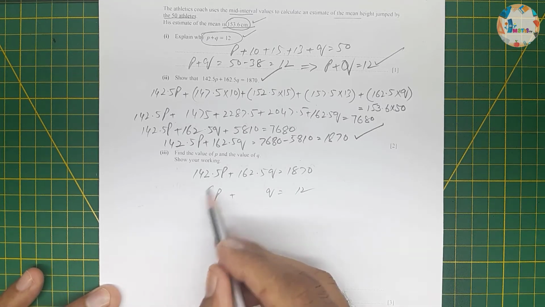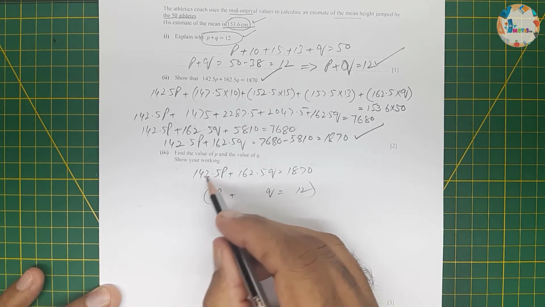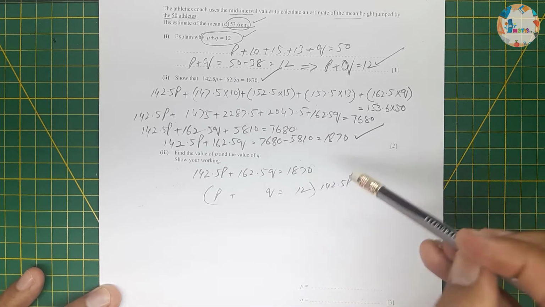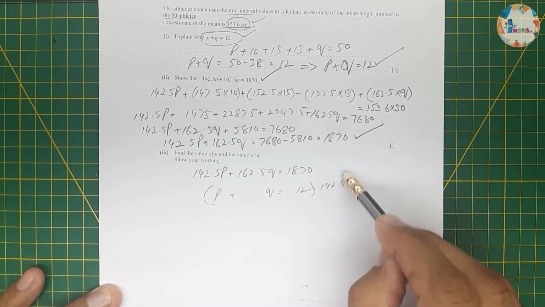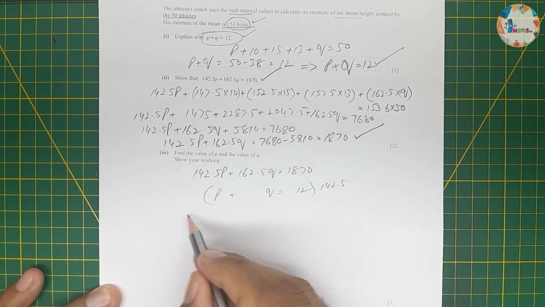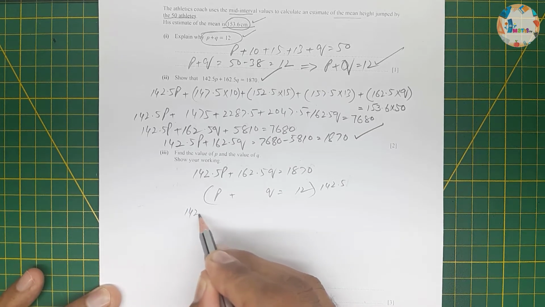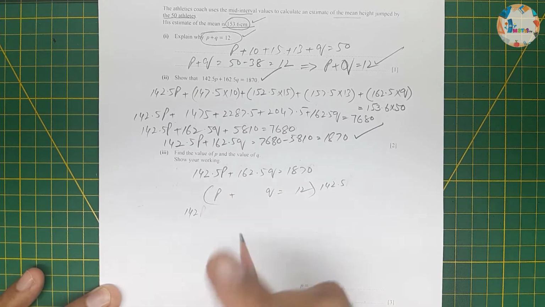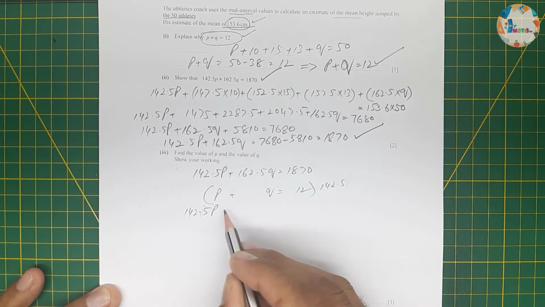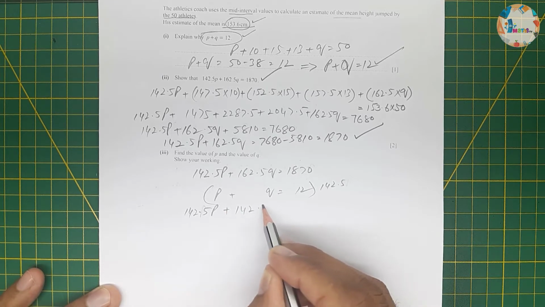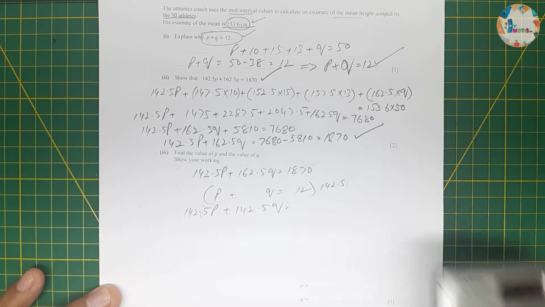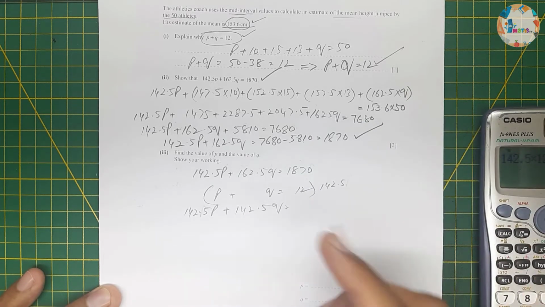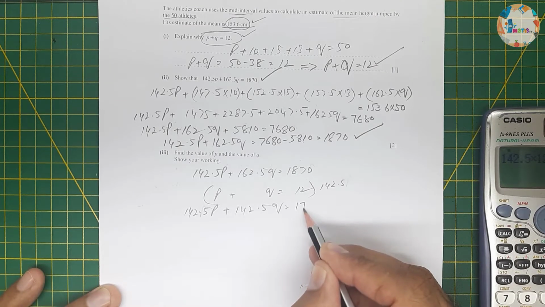So for the second equation, to equalize the coefficients, we can multiply by 142.5. So 142.5p plus 142.5Q is equal to 12 into 142.5, which will give us 1710.